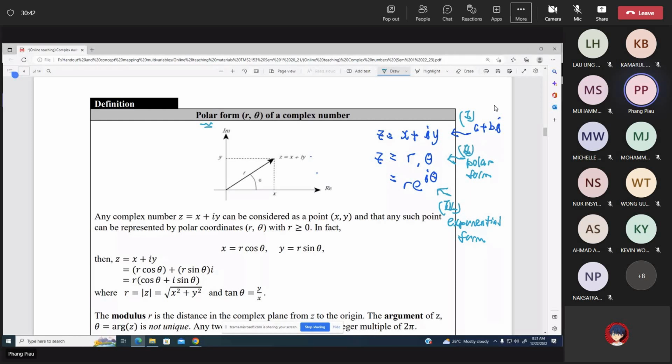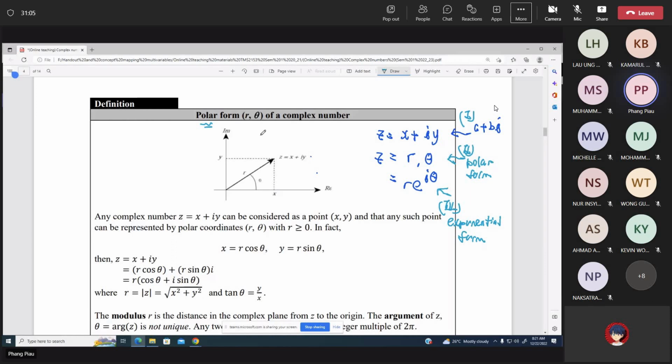I can briefly give the reason why we need different forms. If you go for this form, and you do the multiplication and especially the division, you need to multiply with the complex conjugate, at the numerator and also at the denominator.